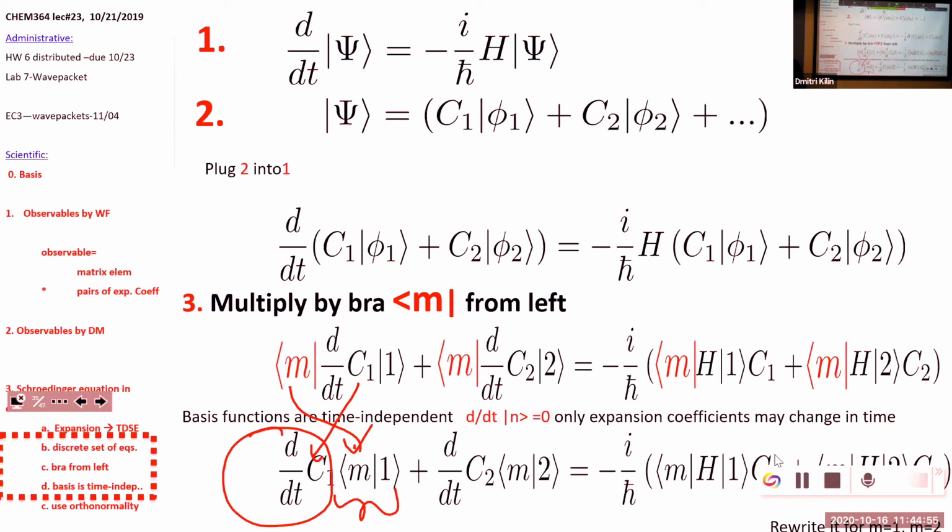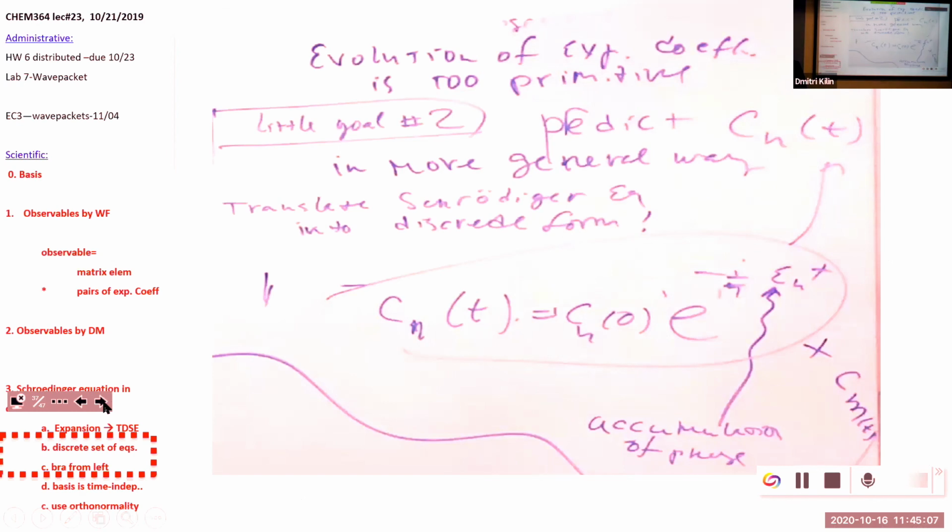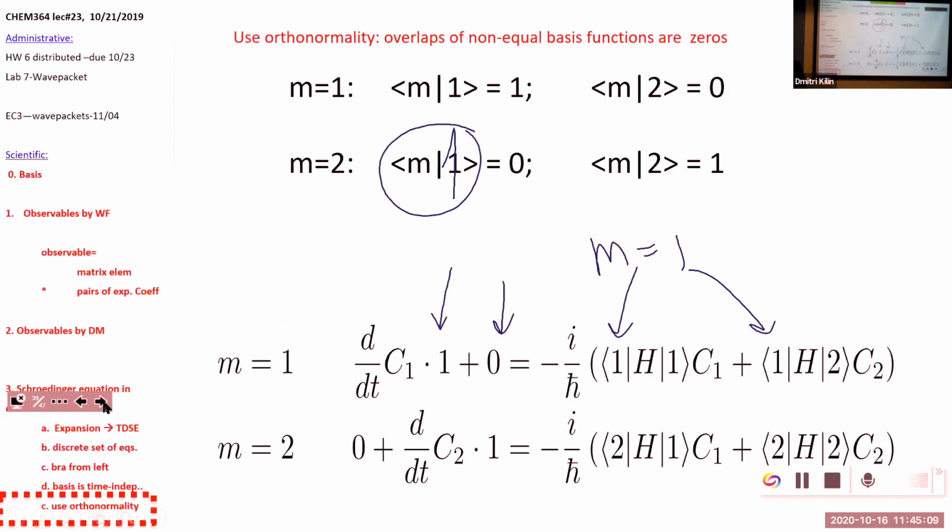So what I would like to do is to plug in literally the values m equals 1 and m equals 2. So if m equals 1, then the convolution of 1 and 1 will be 1, the convolution of 1 and 2 will be 0 because of normalization.